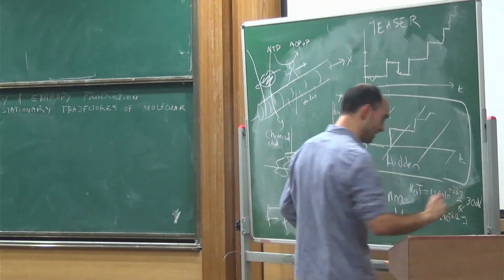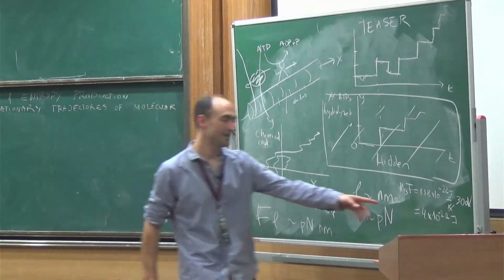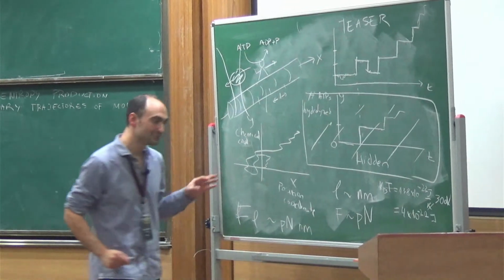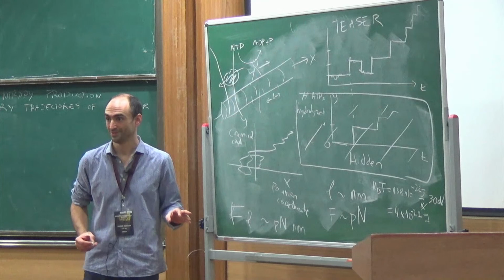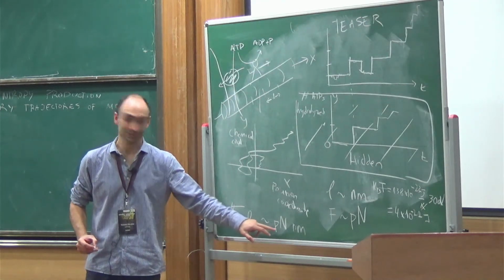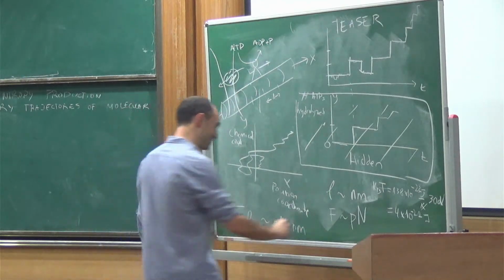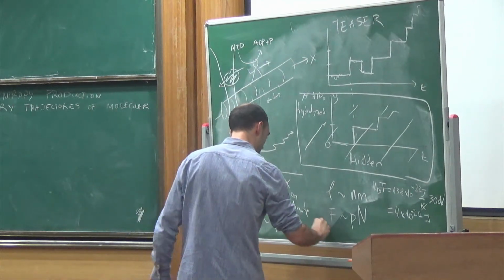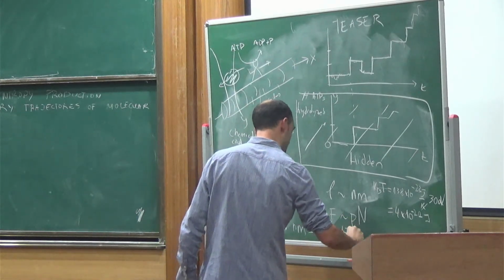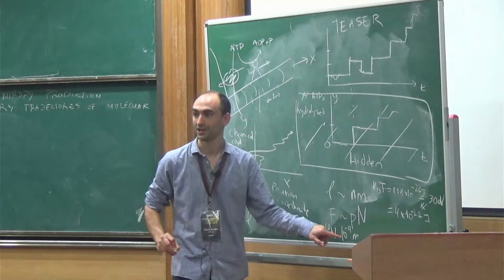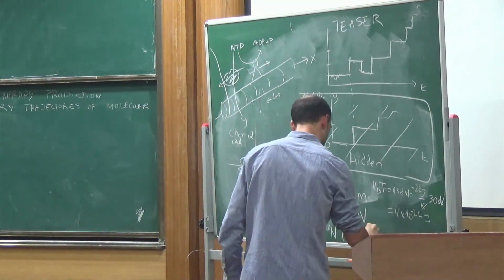How big is this? 10 to the minus 21 is 10 to the minus 9 times 10 to the minus 12. This is 10 to the minus 9 meters, and this is 10 to the minus 12 newtons. So that is 10 to the minus 21 newton meters, which is 10 to the minus 21 joules.